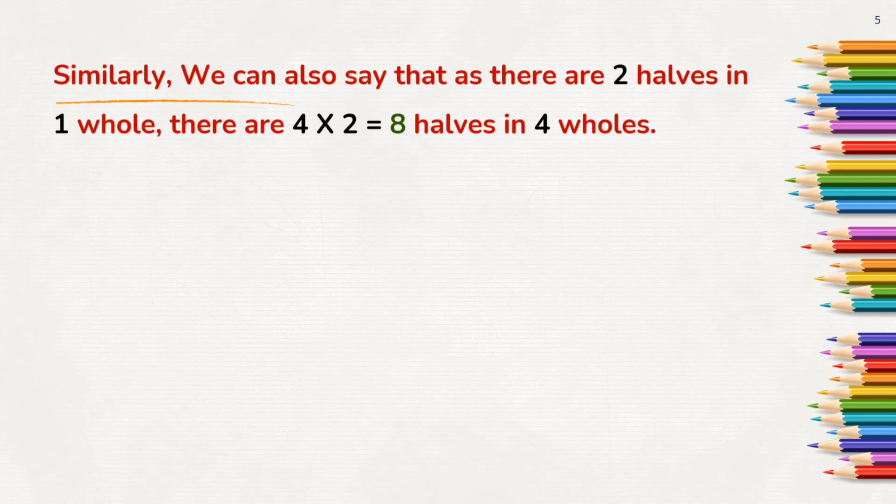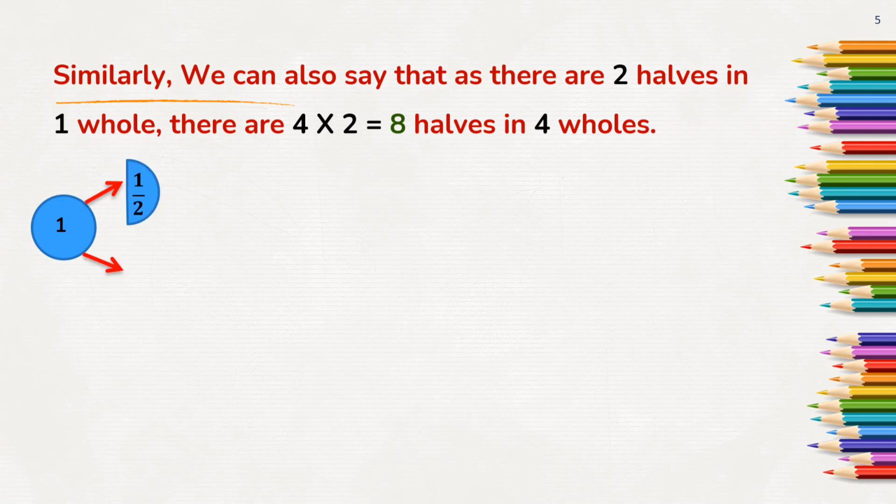Similarly, we can also say that as there are 2 halves in one whole, there are 4 into 2, which is equal to 8 halves in 4 wholes. Right? Thus we can say 4 divided by half is same as 4 into 2. So, one whole divided into two parts becomes half.